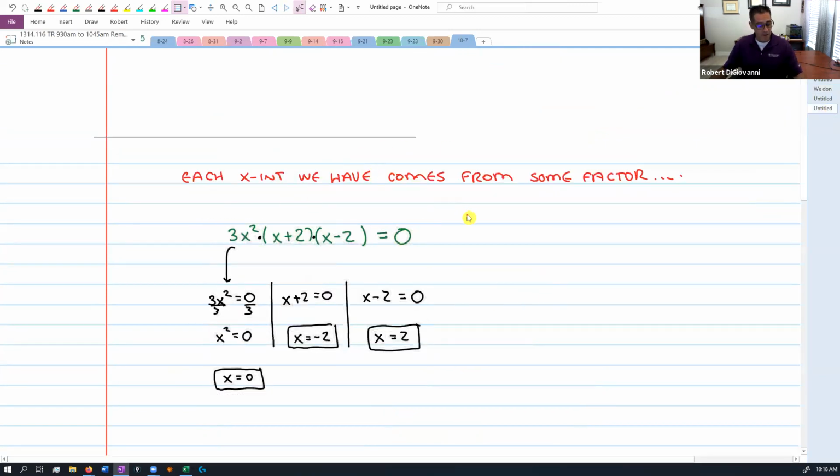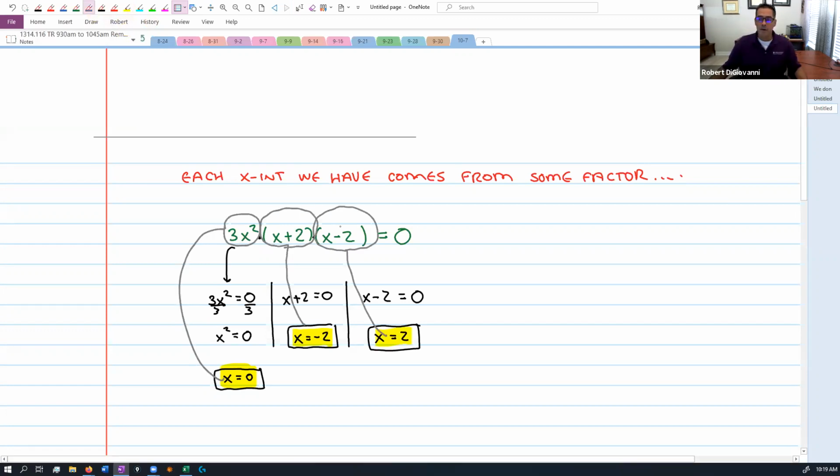what I'm saying here is that each of these x-intercepts, 0, right, comes from some factor. It came from this thing, that's where it came from, setting that equal to 0. This one comes from this factor. This one comes from this factor.